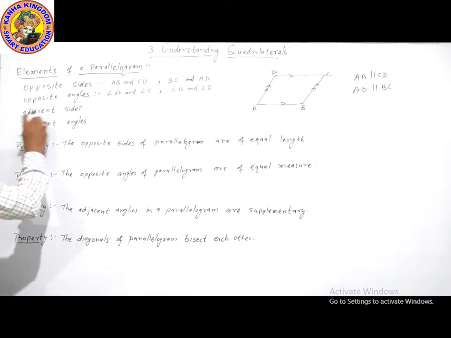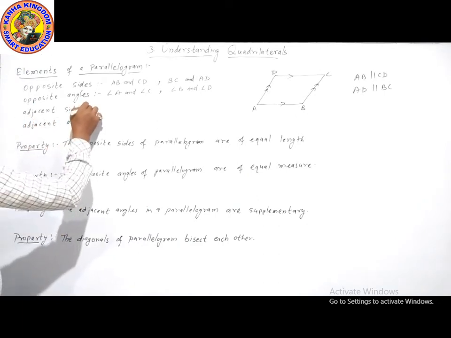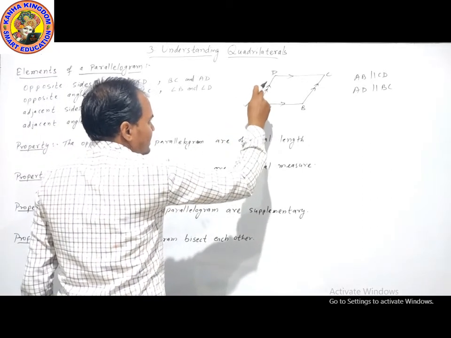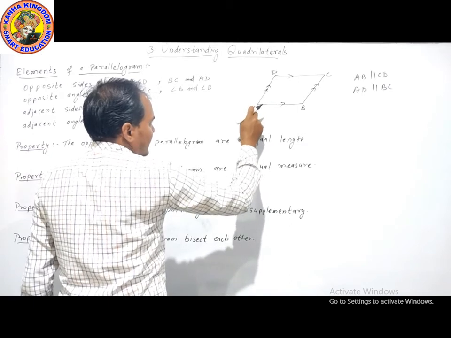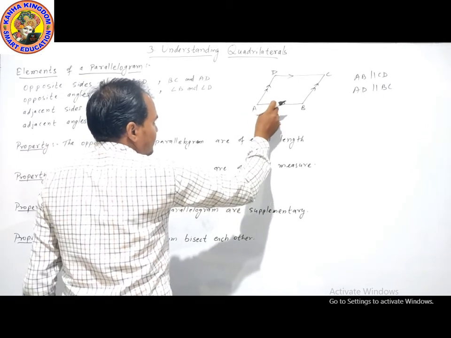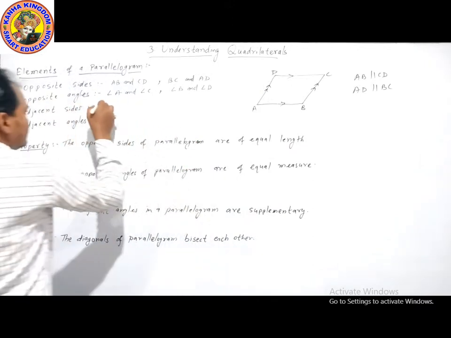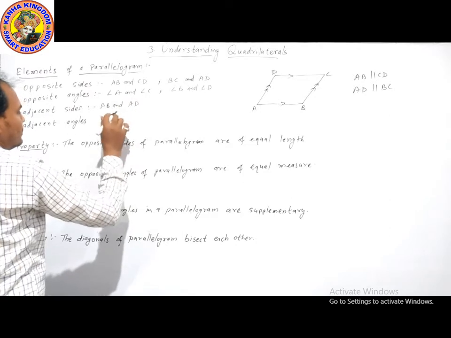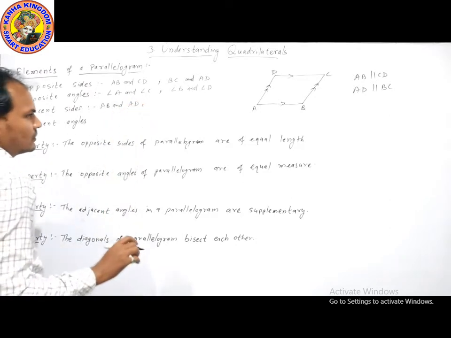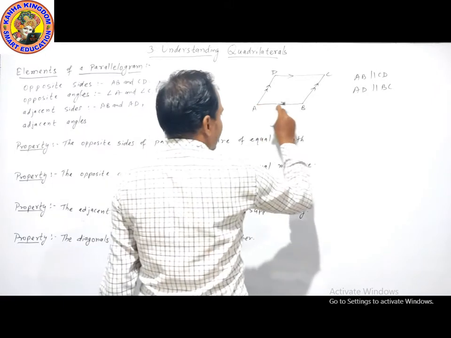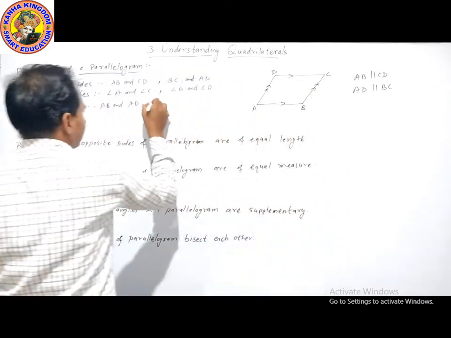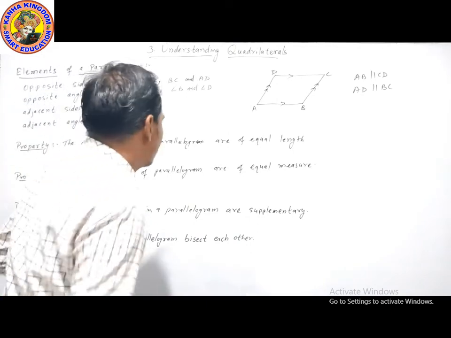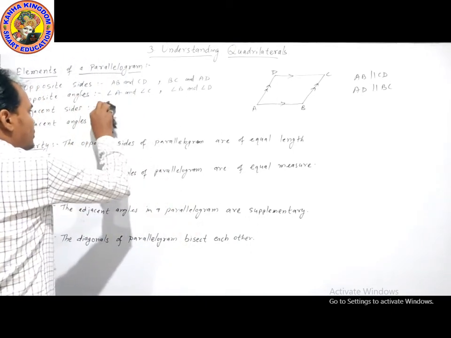Now adjacent sides. Adjacent sides are the sides which intersect at a point. For point A, adjacent sides are AB and AD. For point B, AB and BC. I write down here for each point.